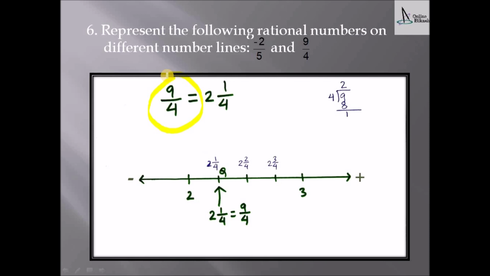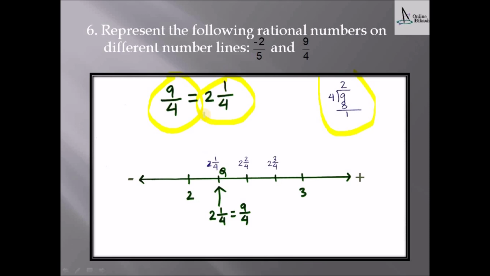How? Just divide 9 by 4 in this way. You will get 2 as the quotient and 1 as the remainder.